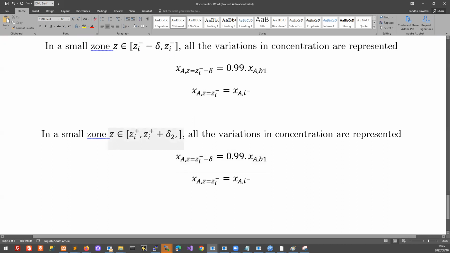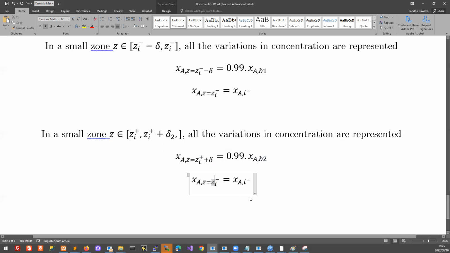So now we are looking between the interface on the plus side and a small distance inside, which is delta 2. So here we are saying that at Zi plus delta, we are far enough inside of the bulk that we are at 99% of the bulk value, and that's on that side.